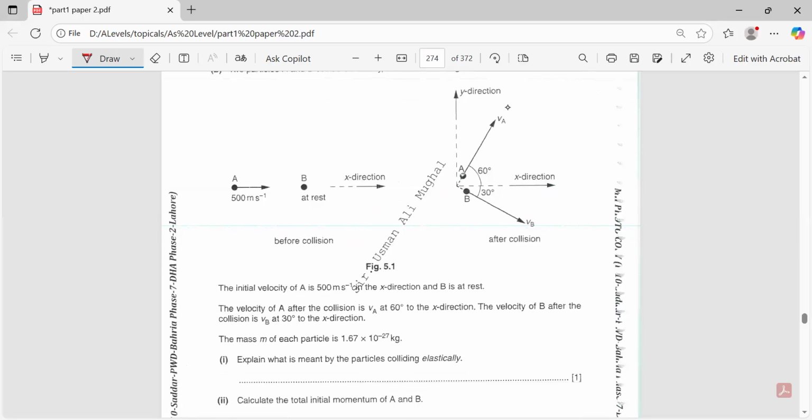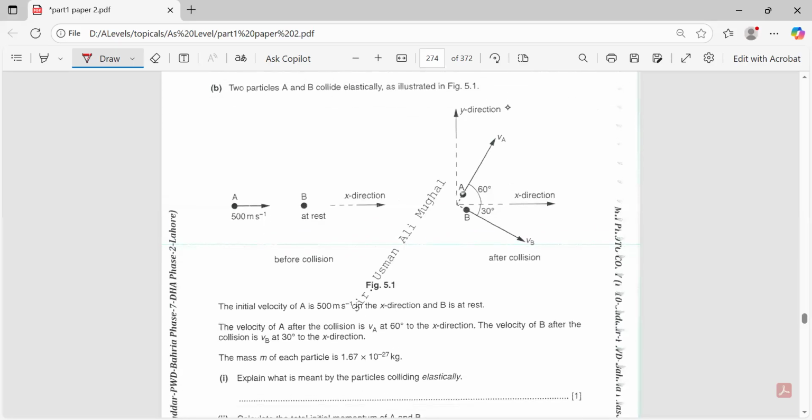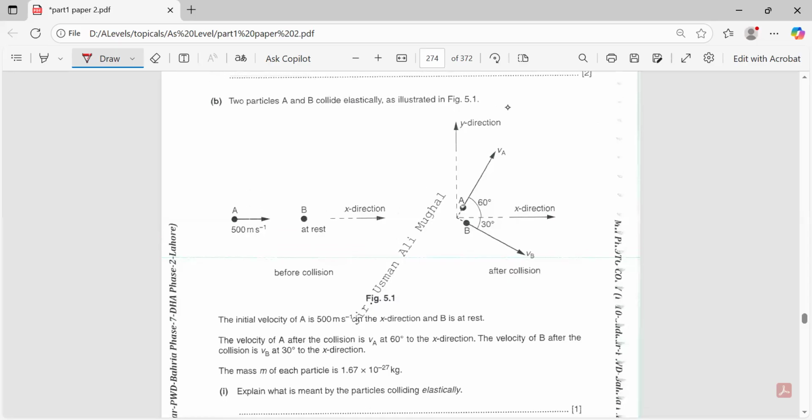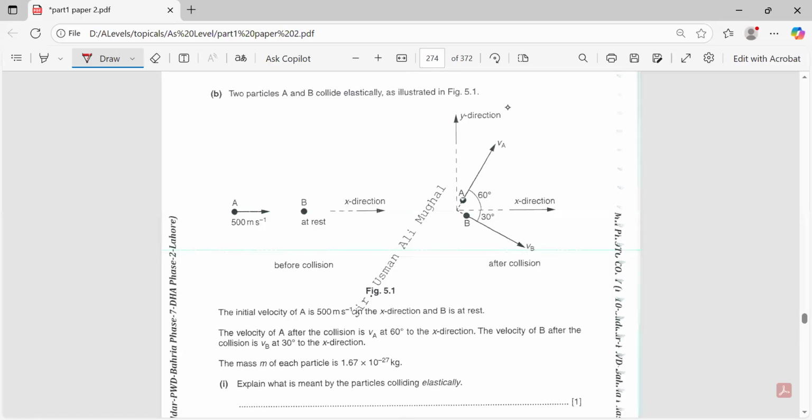I am pretty interested in solving the questions related to 2D momentum. So let's see, it's part B. There are two particles, particle A and particle B, and they are going to collide elastically. When they collide elastically, one will be moving this way, the other will be moving this way, as illustrated in figure 5.1.